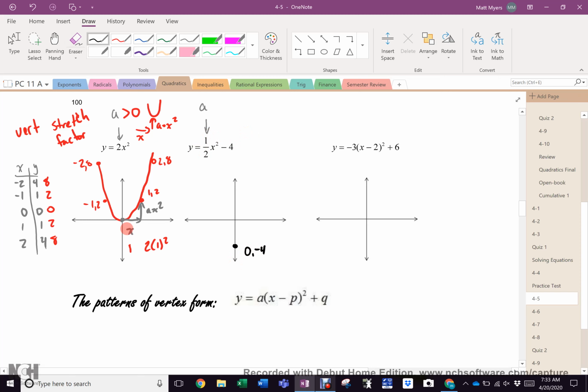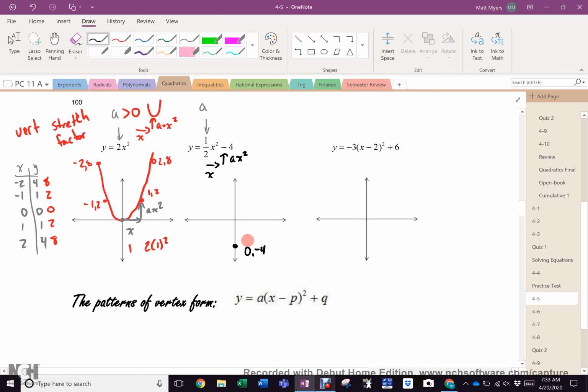Well, when it was 2, we went over 1 and we went up 2 times x squared. So what do you think we do with a half? We would go over x and up. It's still an a times x squared. So now everything's cut in half. So I go over 1 and up, not 1, half of 1.